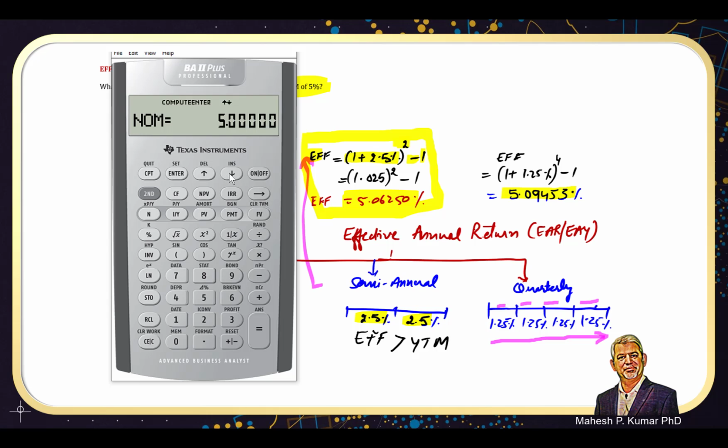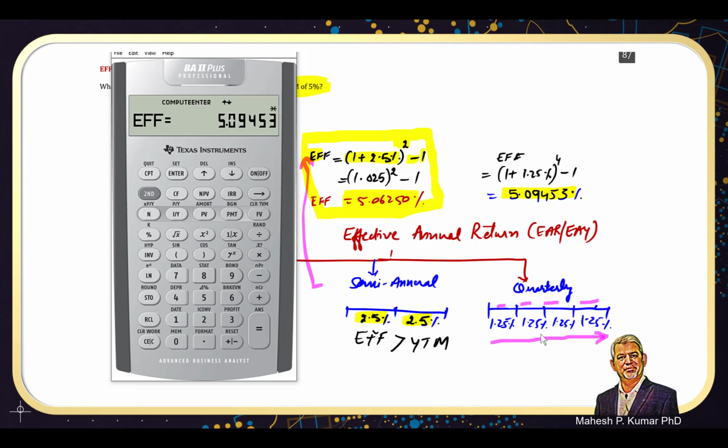The only thing we have to change is the CY. In quarterly compounding, CY would be 4. So 4 and enter. So the compounding frequency is 4. And now if we go to this effective rate and click compute again, we get 5.09453, which we calculated through the manual formula as well.